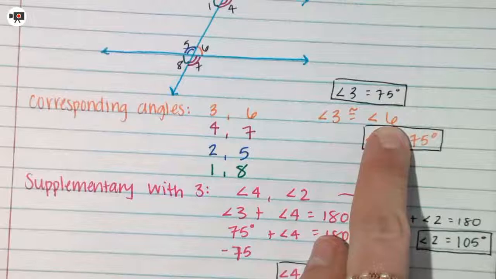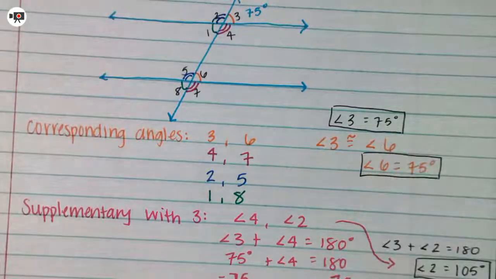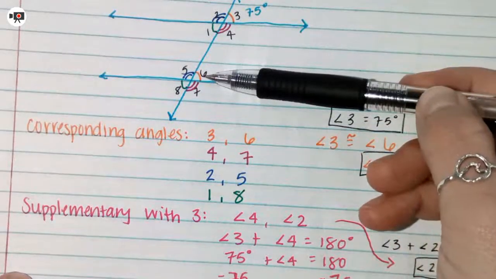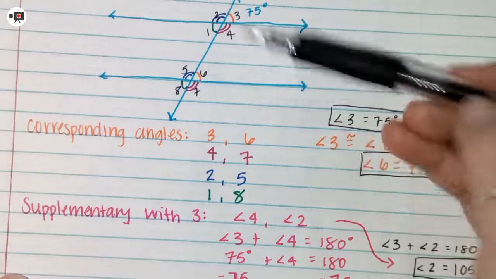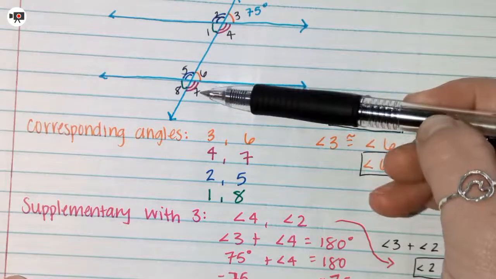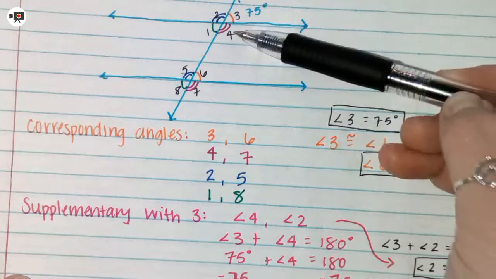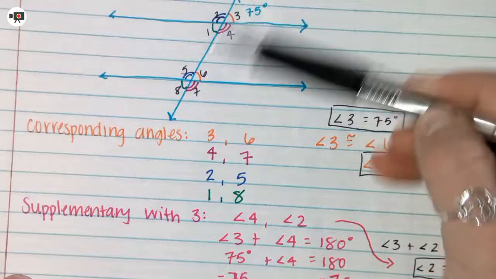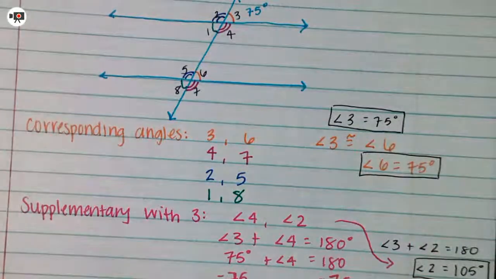I know angle 6, let's see. Angles 3 and 6 are corresponding. 4 and 7 are corresponding. So because I know 4 now, I also know 7. I also know 2, so now I know 5.